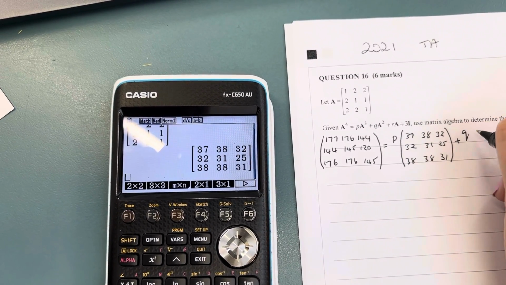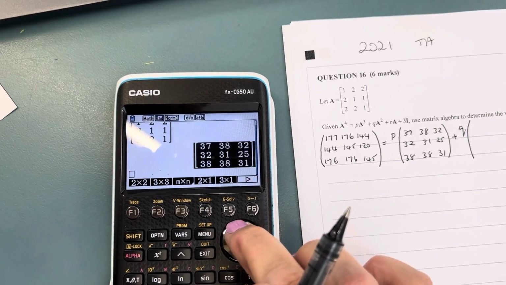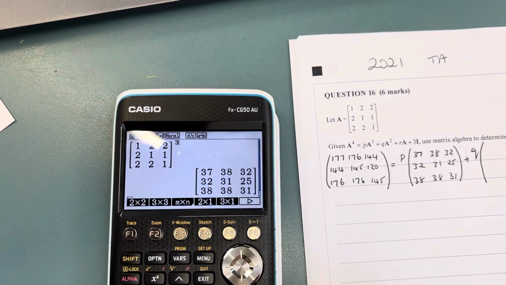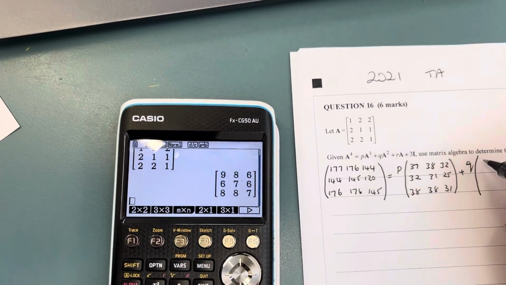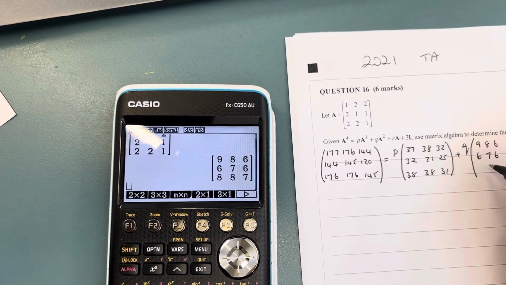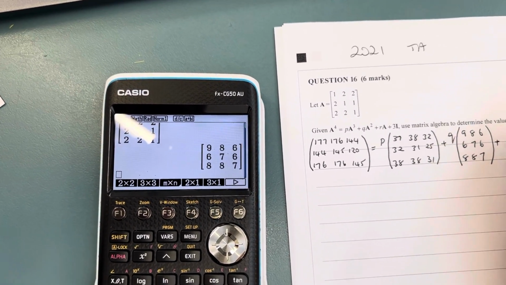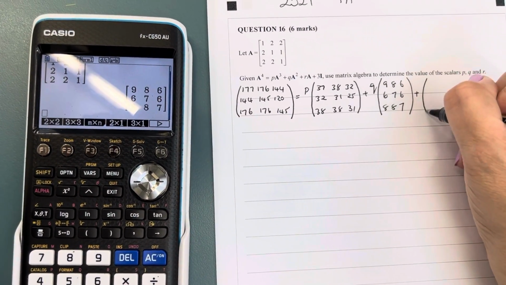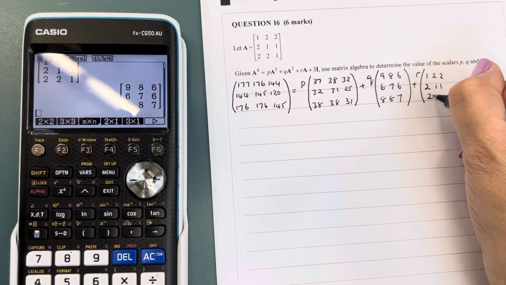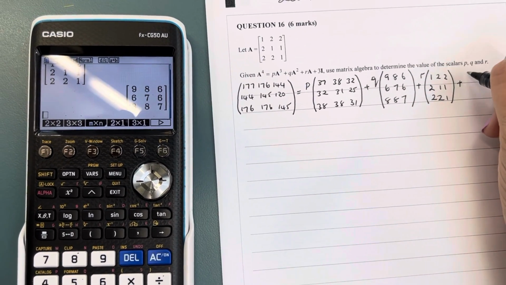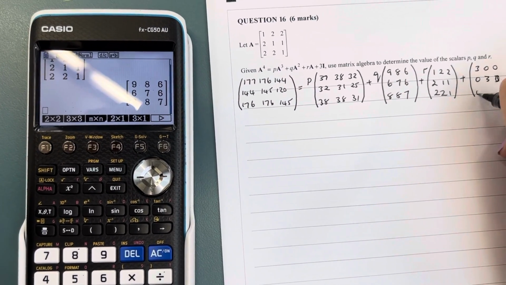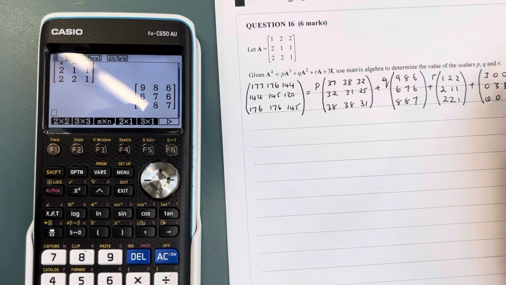Plus Q, A squared. So again, I'm going to go up, just run through, delete, make it squared, 9, 8, 6, 6, 7, 6, 8, 8, 7, plus R outside of 1, 2, 2, 2, 1, 1, 2, 2, 1, plus 3, 0, 0, 0, 3, 0, 0, 0, 3, because it's 3 times the identity matrix.